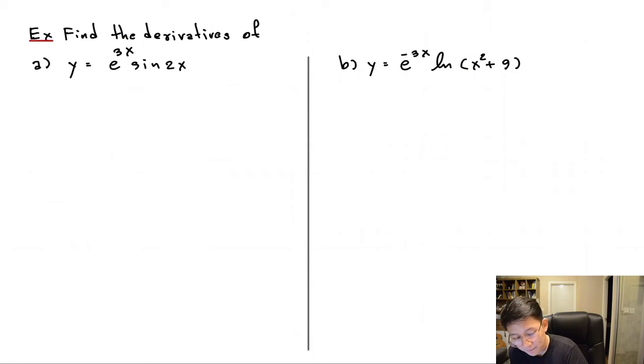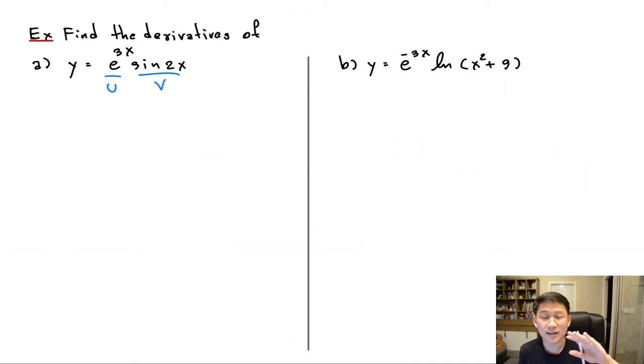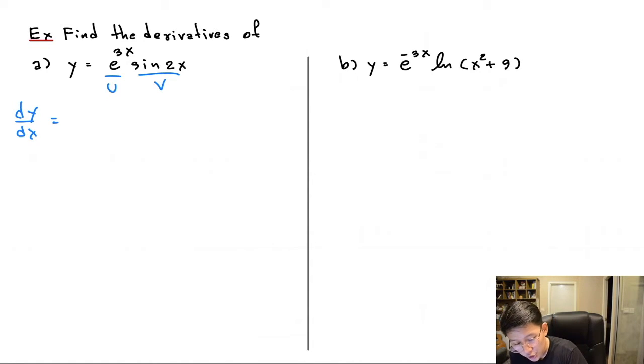Okay, guys, let's look at this one. Here we have u and v, right? It's a multiplication of two functions, right? Exponential and trigonometry. Okay. So dy by dx would be, what is it? U, which is e to the 3x. dv, what is dv? It's derivative of sine 2x, right?